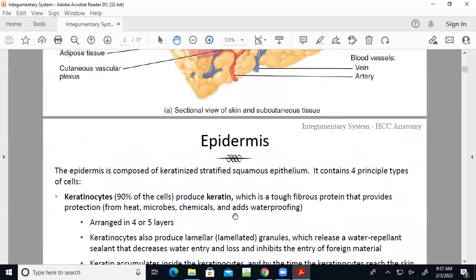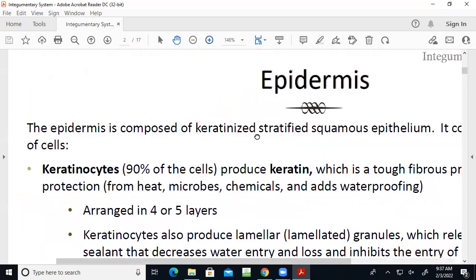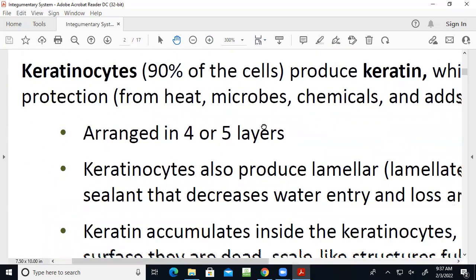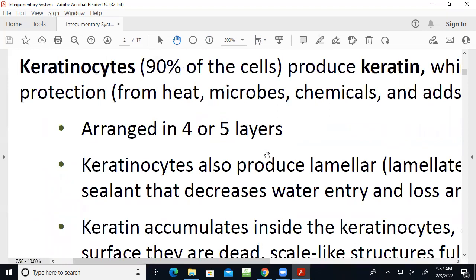All right. Like I said, we're going to start by talking about the epidermis. And then we'll talk dermis here in a couple of slides once we've gotten through that. First thing I want to talk about with the epidermis are the different types of cells that make it up.